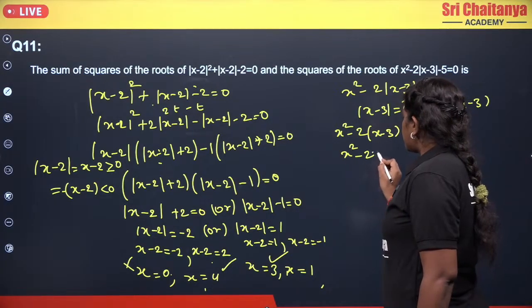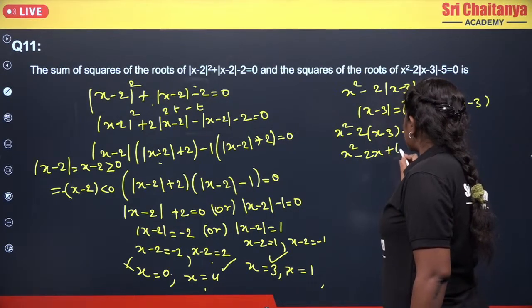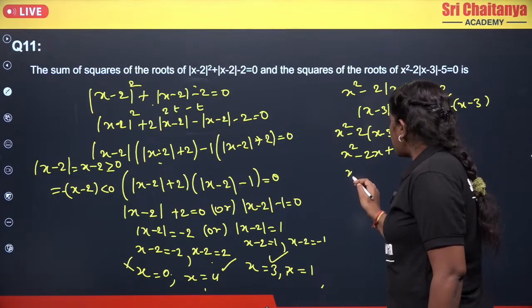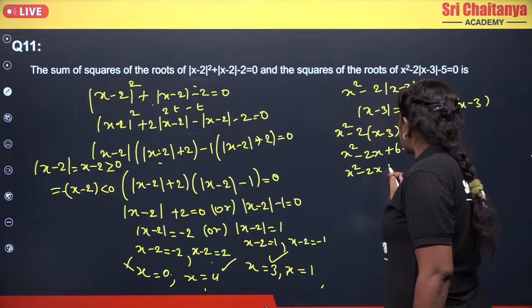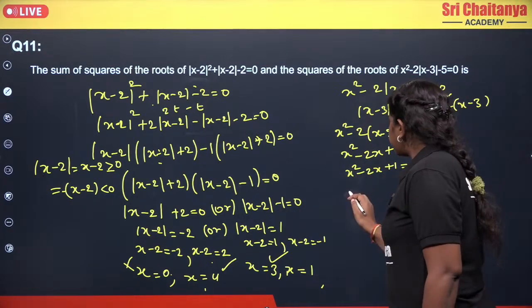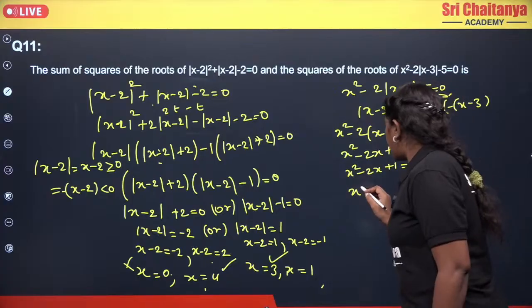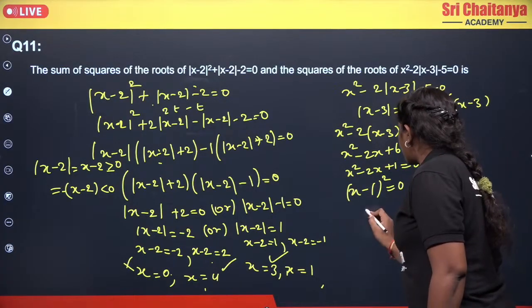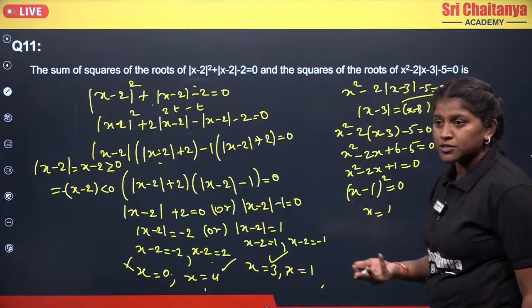So x square minus 2x, minus into minus plus 6, minus 5 equals 0. So now x square minus 2x plus 1 equals 0. So from this we can write that x minus 1 whole square equals 0. So we got x equals 1, which is not possible.